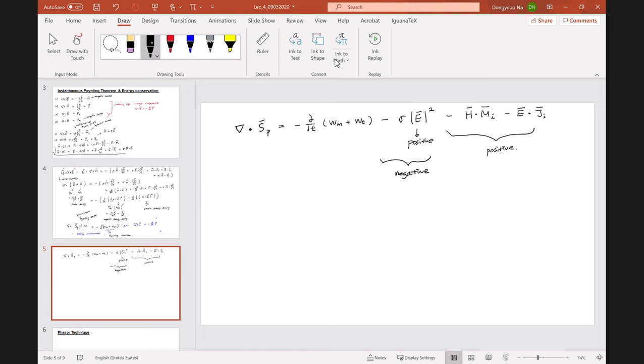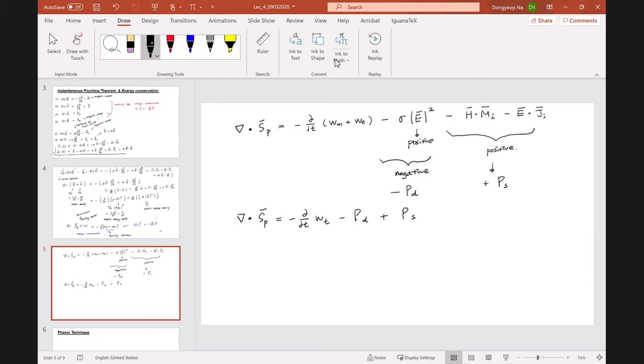So I'm going to denote this term as PD and this term as plus PS. Then the resulting general Poynting theorem will be the time variation of the total energy, the PD plus PS.